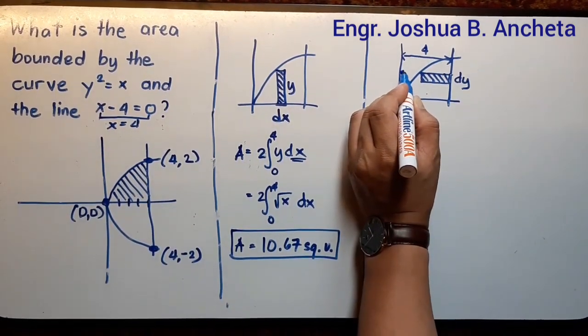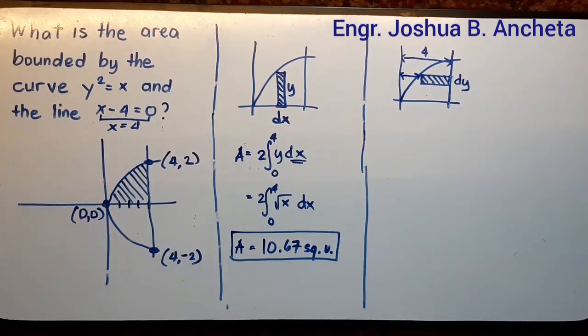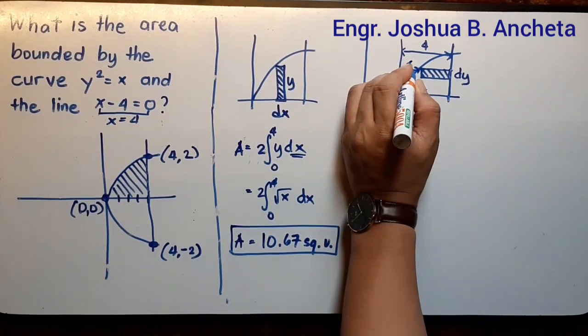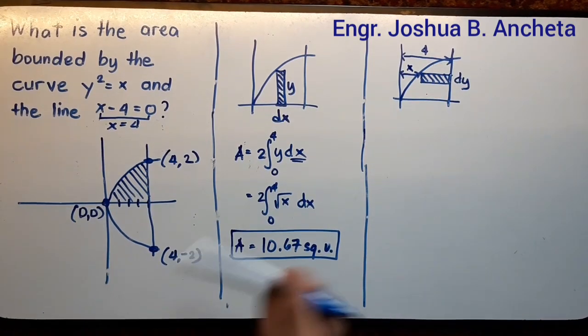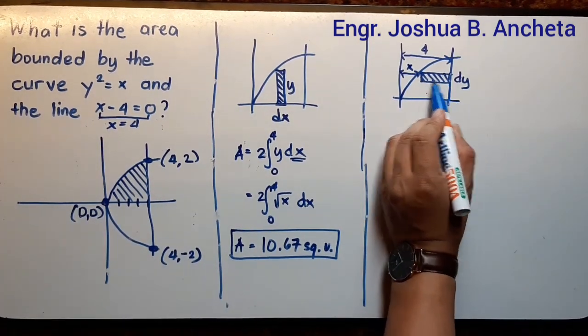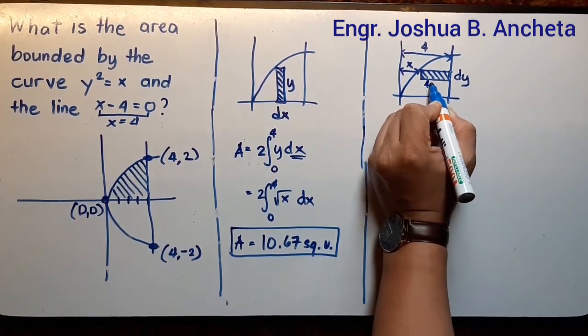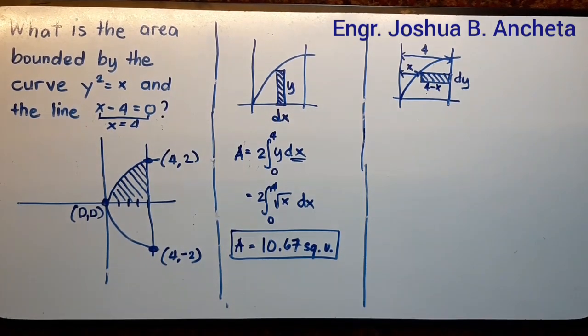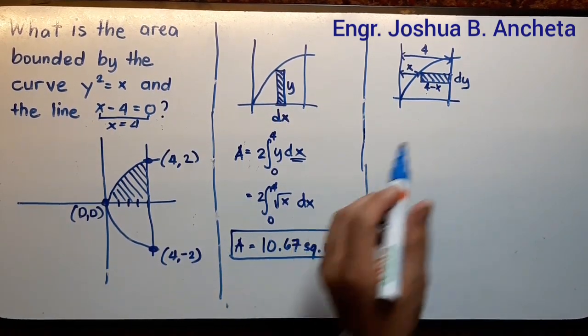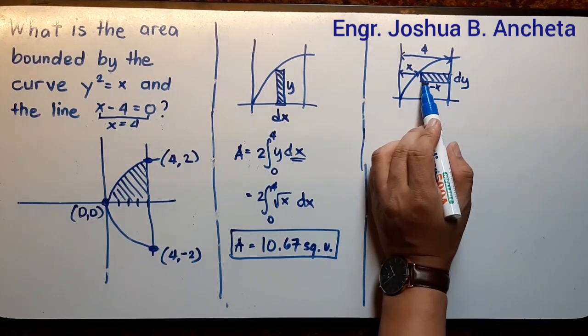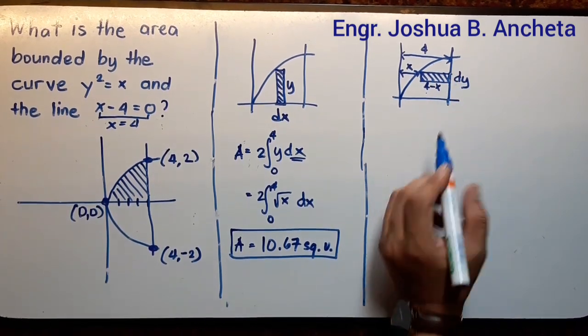From y-axis to this end of the strip is x. So therefore, this side of the strip is equivalent to 4 minus x. So we already have the sides of the strip, the longer side and the shorter side.